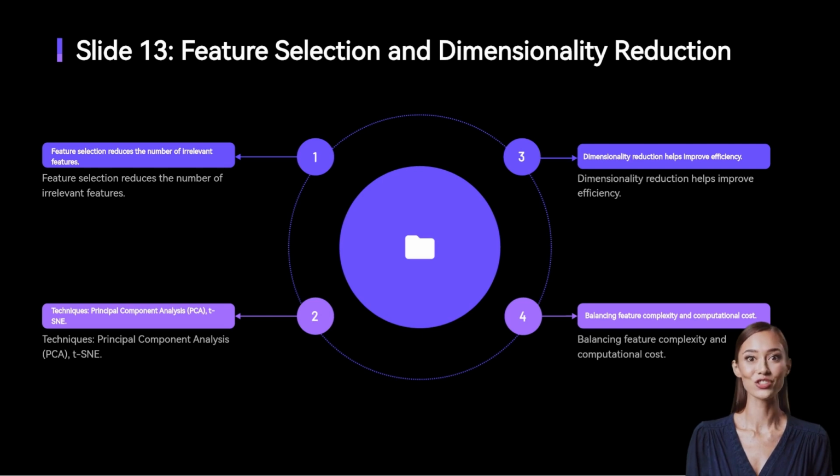Feature selection involves choosing a subset of relevant features from the original set of extracted features, while dimensionality reduction techniques aim to reduce the number of features, maintaining only the most informative ones. Methods like principal component analysis, PCA, are commonly used to transform high-dimensional feature sets into lower-dimensional ones, capturing the most important information. t-SNE is another technique often used for visualization, reducing dimensionality while preserving the pairwise relationships between features.